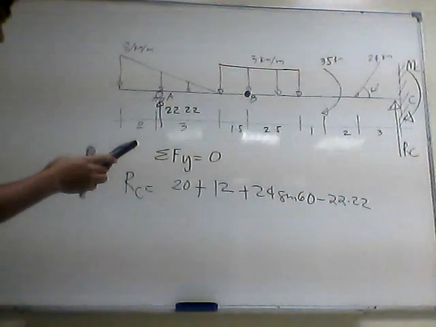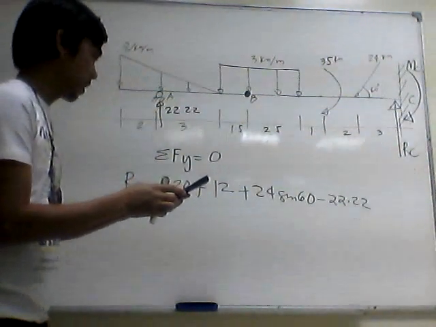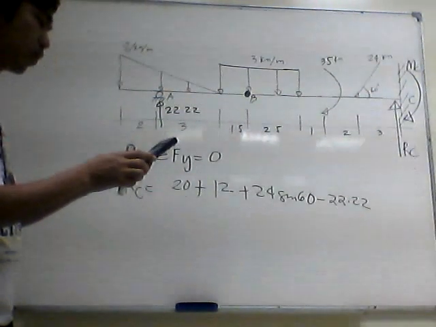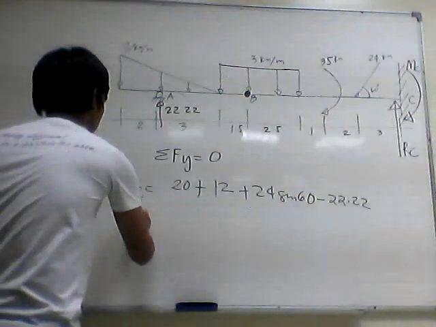Well, 20 plus 12 plus 24 sine 60 minus 22.22. That will give you 30.56.